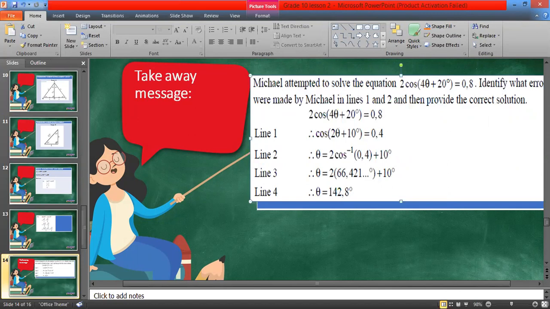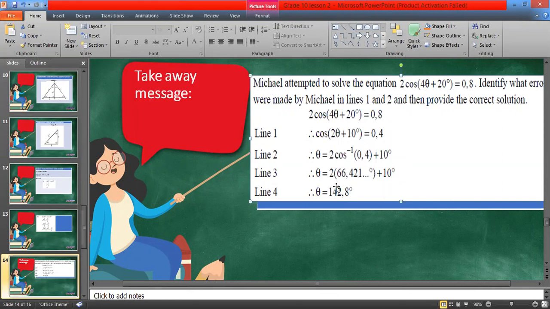Identify the error made by Michael in lines 1 and 2, and then provide the correct solution. So this is a question on its own, solved by someone, but it was wrongly solved. Your job is to find out what is wrong and then fix it. You can take that down and see it as your homework.